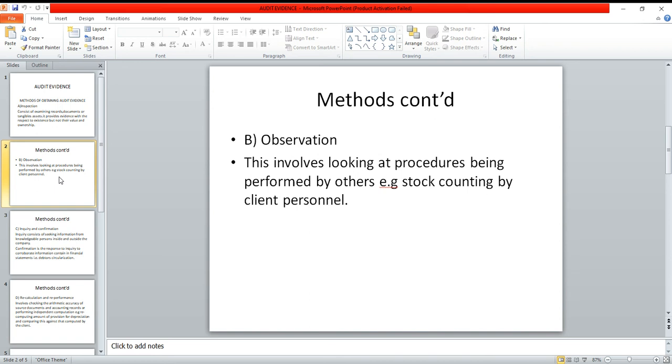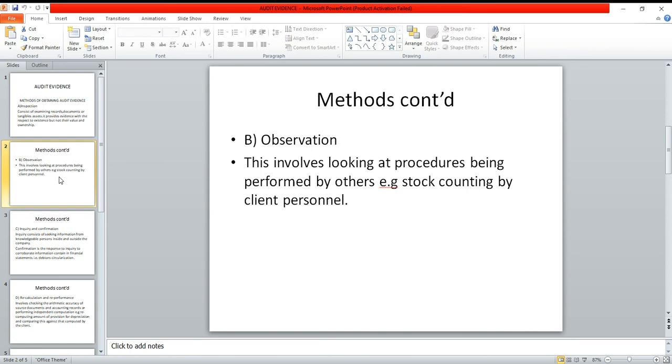This is, for example, in stock counting, that is stock taking, by the personnel of the client. While the process of stock taking is being done, the auditor observes the procedures of doing that stock taking process.